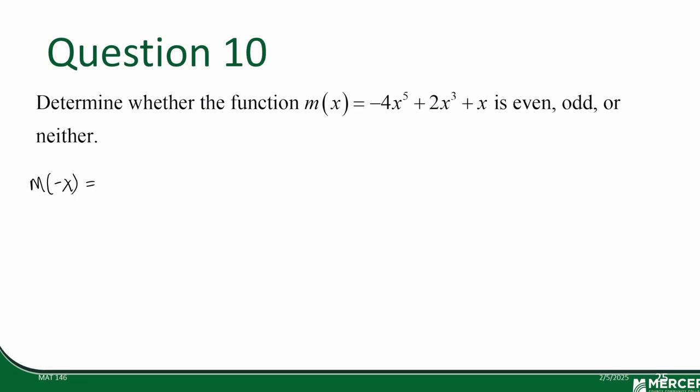M of negative x. Negative x to the 5th power. What's negative 1 to the 5th? I don't get why you're doing negative x when the original one is m of x. Even and odd both deal with m of negative x.